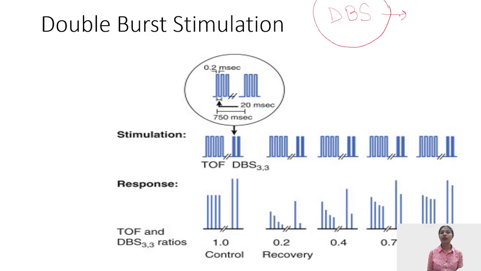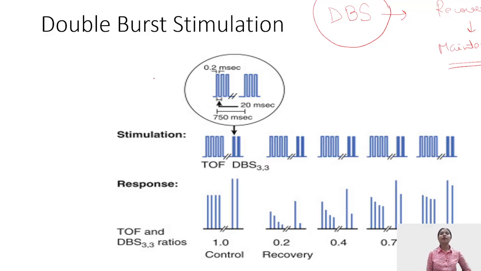Most sensitive and most preferred at the time of recovery as well as at the time of maintenance is double burst stimulation. But because of availability, TOF is used more than DBS, though DBS is more sensitive than TOF at the recovery as well as maintenance phase of the anesthesia.